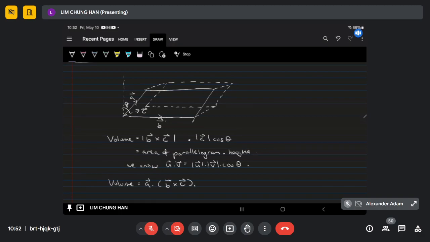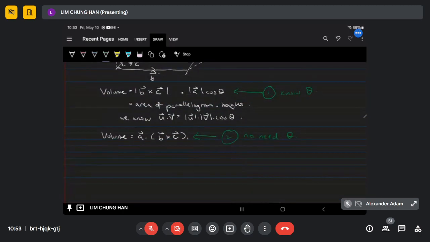You have two alternatives. You can either use the first equation, but for you to use the first equation, you need to know theta. If you don't know theta, then you can use the second equation. You don't need theta to use the second equation.